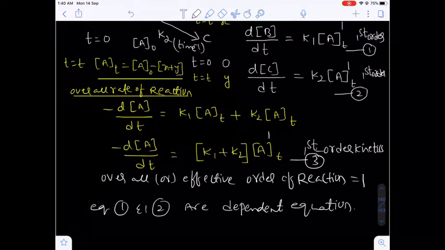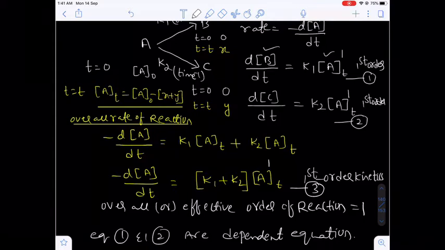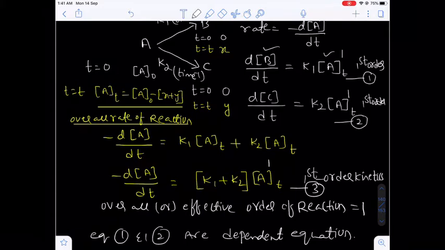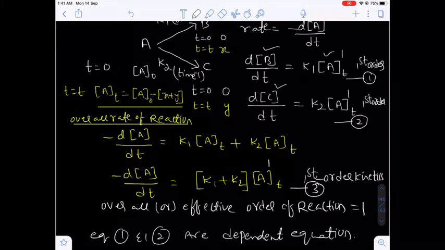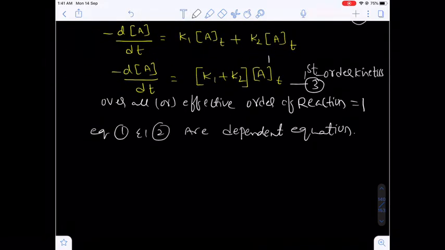Because if you see equation 1, if you want to calculate the concentration of B, we compulsorily have to calculate the concentration of A. Unless we know the concentration of A, it is not possible to calculate the concentration of B. And also in the second expression, if you want to calculate the concentration of C, first of all we have to calculate the concentration of reactant A at a time interval t. Okay, are you getting my point?